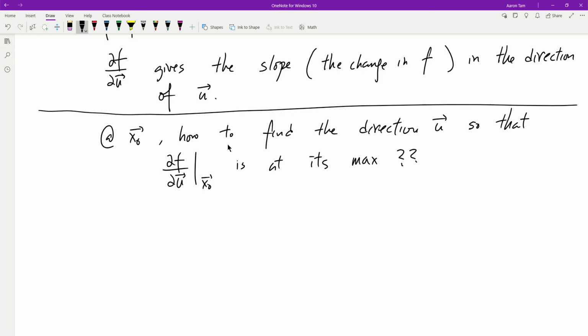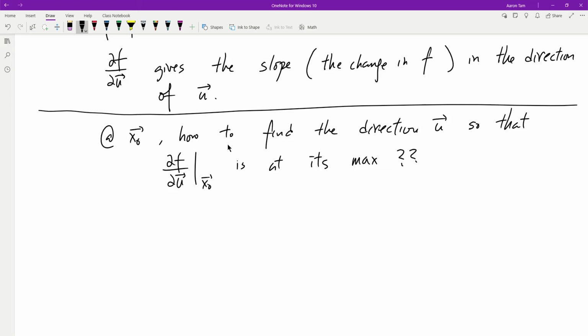Well, obviously, if you're on the side of the mountain, you can probably visually identify which way it is. But of course, here we talk about it mathematically. You have a surface, function f, and now you are standing at this point x sub 0. Is there a way to determine the proper direction that would give us the biggest increase, climbing up the highest on this surface?